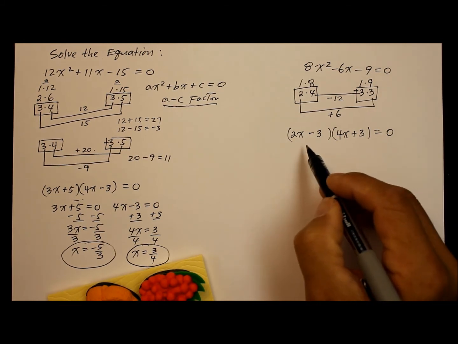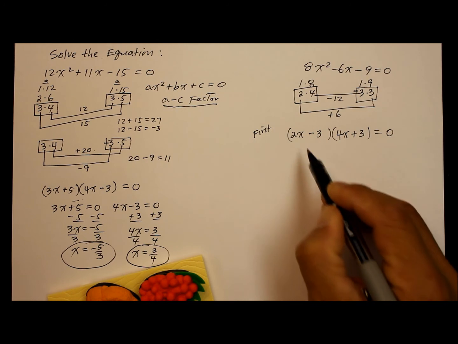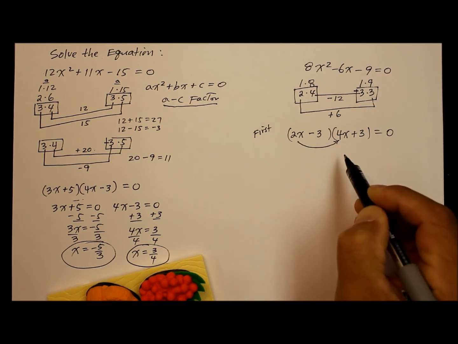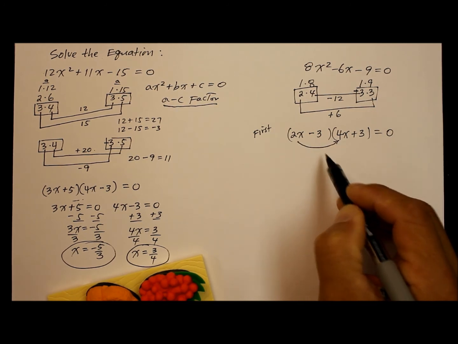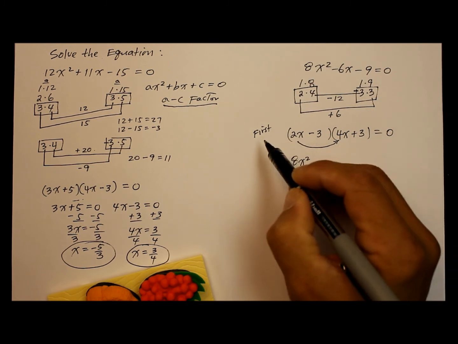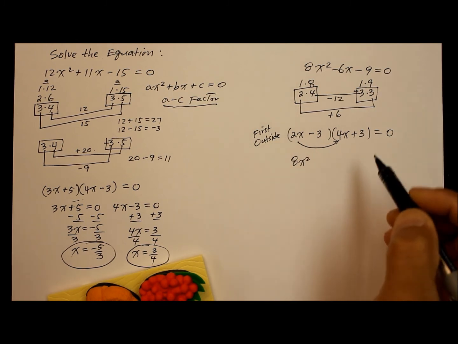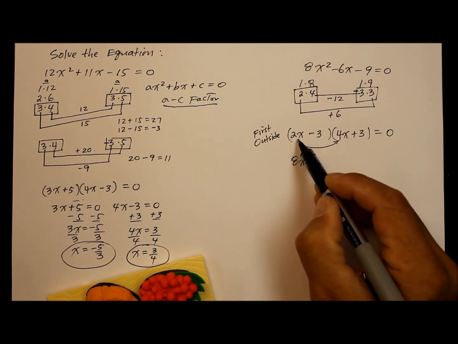Because remember, FOIL, the first of the terms, right? And that is 2x times 4x is 8x squared. O for outside. If you're on a bus, this is the window seat, the outside seat.